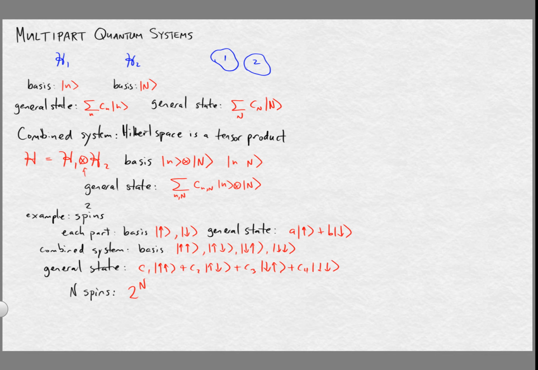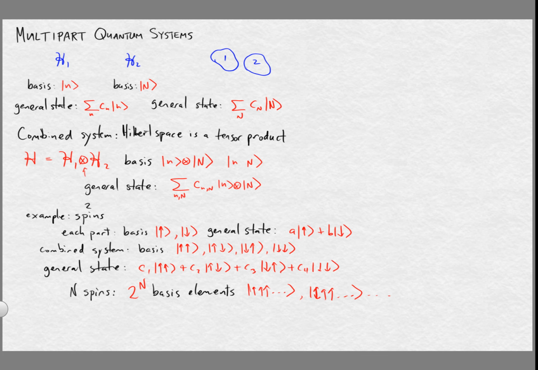So we have 2 to the n basis elements, for example, up up up, etc., and then, let's say, down up up, and so forth. So you have really a lot of basis elements once we start adding quite a few spins.